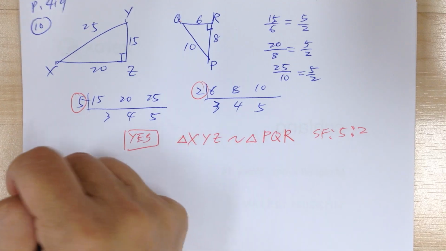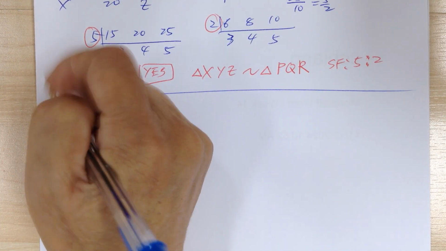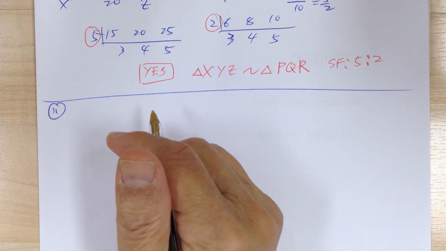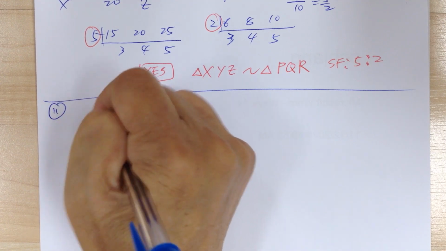Okay, so let's go to number 11. Posters. It says two similar posters have a scale factor of 4 to 5.